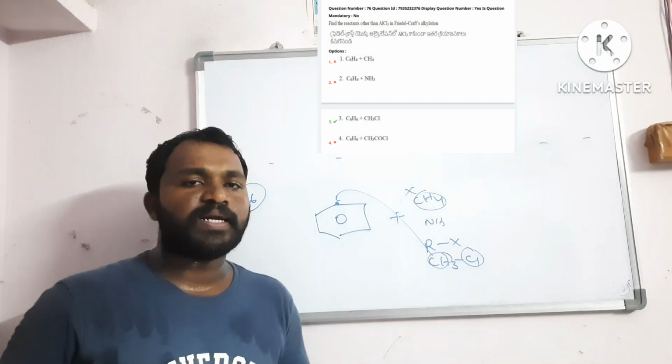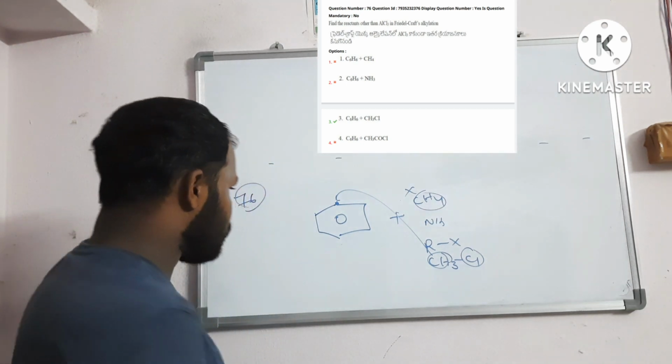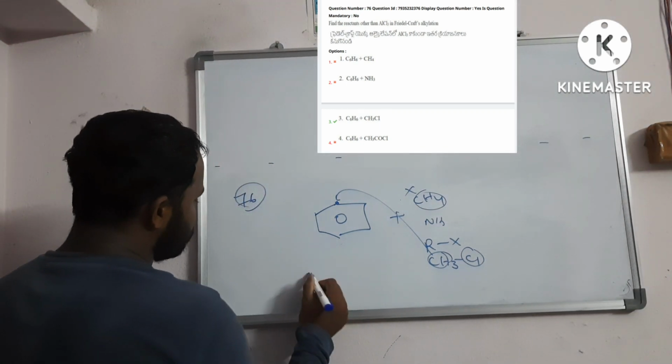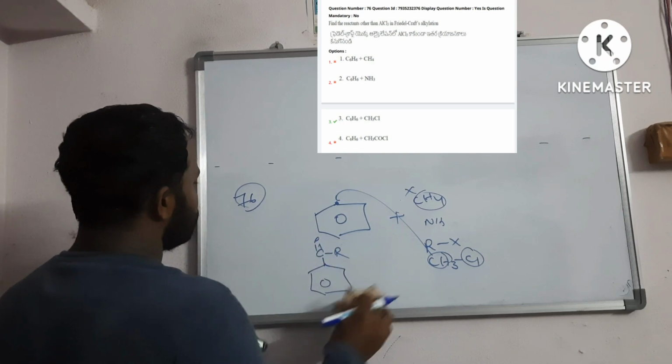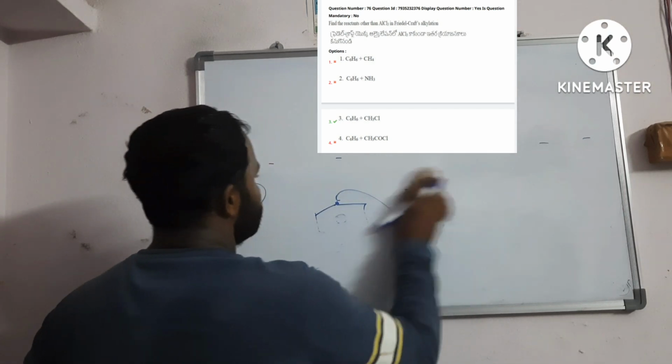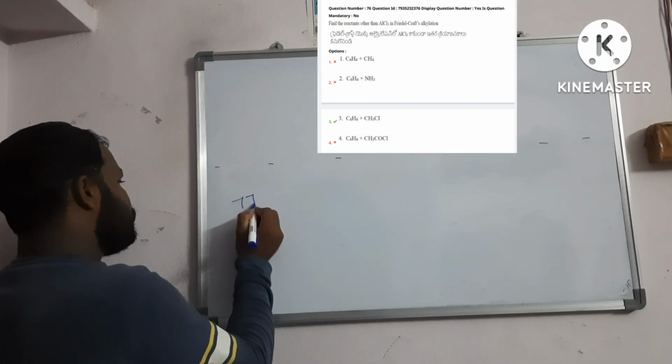That is Friedel-Crafts alkylation in the presence of AlCl3. If you take CH3COCl, the fourth option, we get the C=O group, and that is Friedel-Crafts acylation. Simple question only.